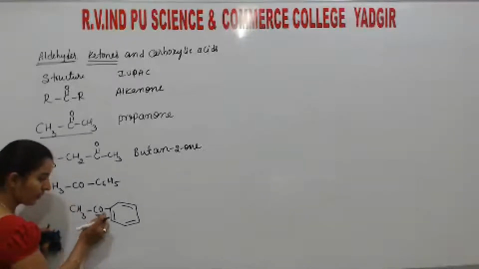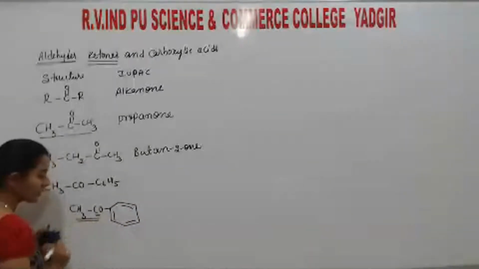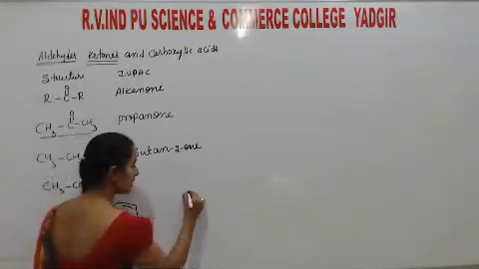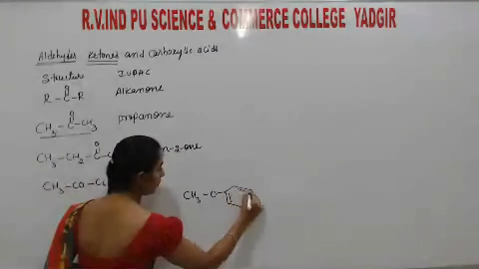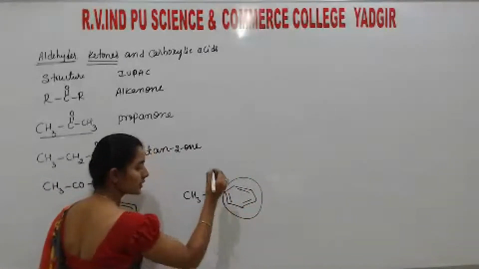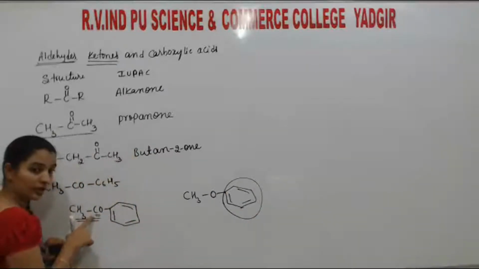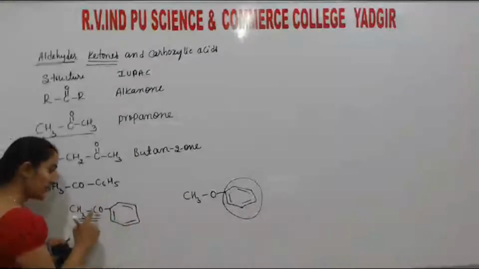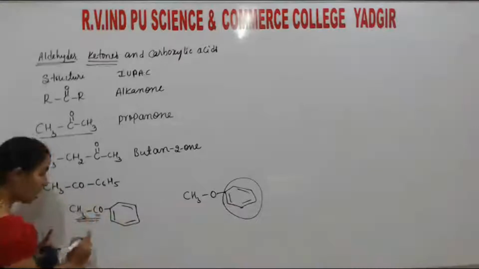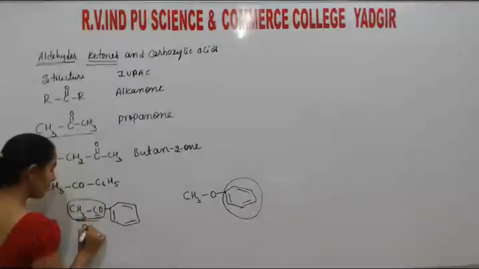Are you getting? This carbon atom cannot be taken along with this parent chain. But here, of course, this is considered along with this parent chain. Remember, students, here I will take the example CH3O, this benzene ring. In ether group, there is no carbon atom here, so this is considered as a parent chain. Okay, in ketone, of course, here is already a carbon atom, and we should give main preference to this carbon atom, not this and this. We don't bother about these groups. This is the main one. So now, even though 6 carbon atoms are there in the ring, this is considered as a parent chain.